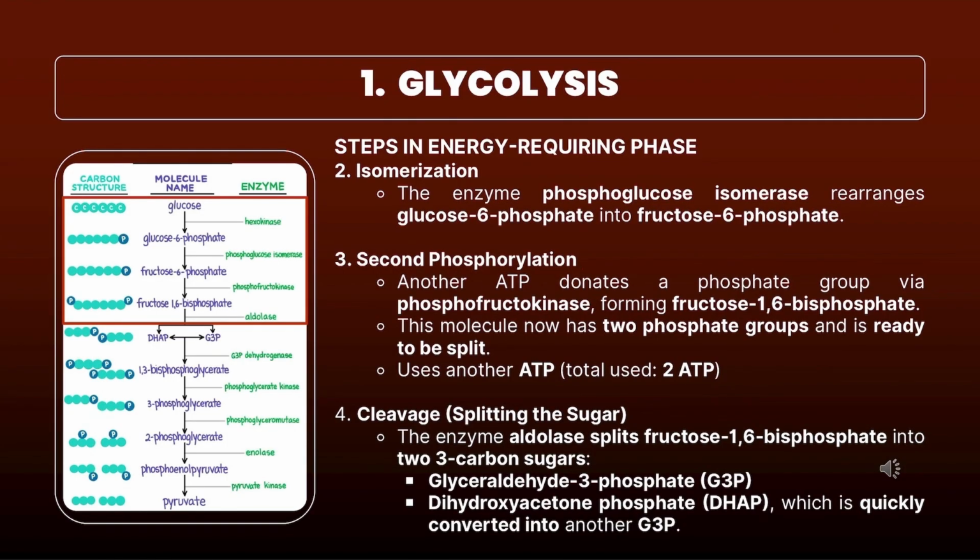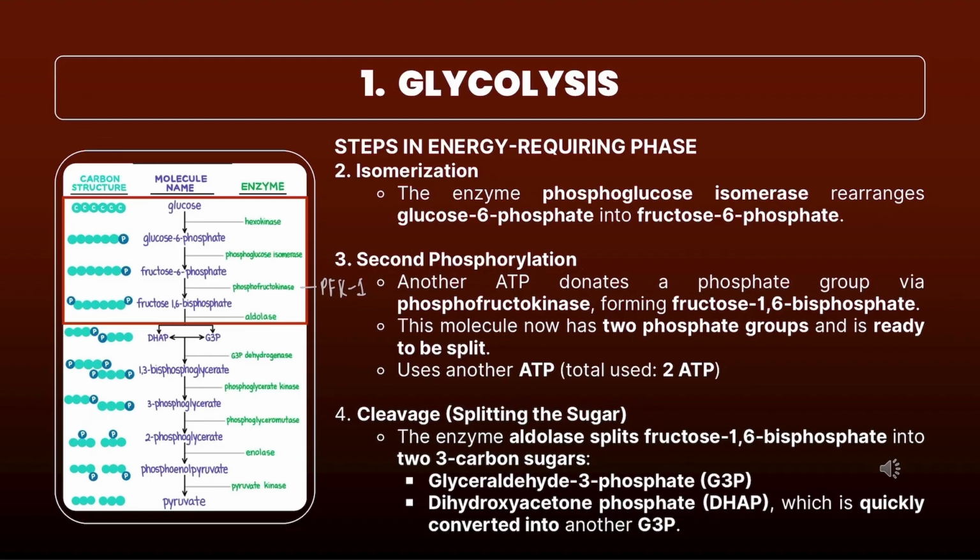Okay? So, after the isomerization process, we will now proceed to the second phosphorylation. Here, another ATP will donate a phosphate group through the enzyme we call phosphofructokinase, or PFK1.